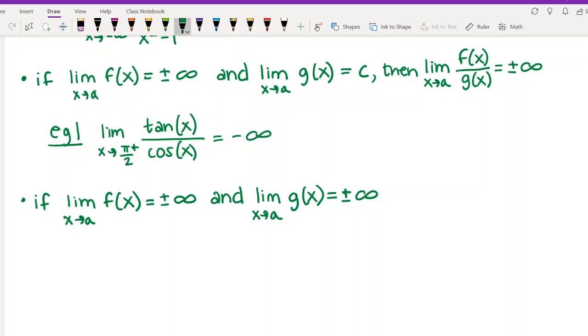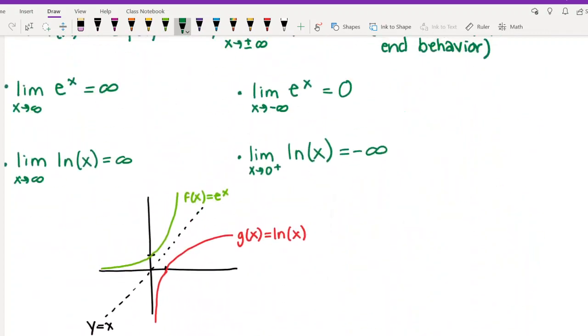So how can you tell what the answer is going to be for the limit? The answer is that there's no way to tell just right off the bat. For some functions, maybe there is, but if all you know is that the numerator and denominator both go to plus or minus infinity, that doesn't tell you anything about the overall limit.